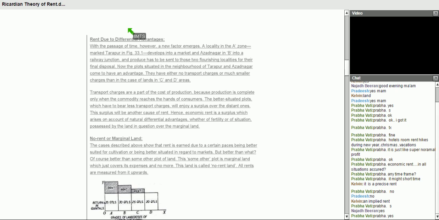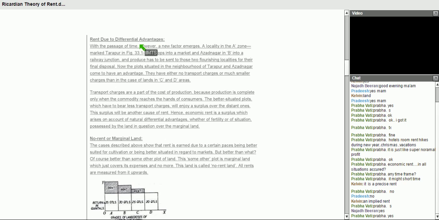So that 110 into 5 extra units, that is 550, was the rent. And in case of intensive cultivation, the rent is the difference of production between the two pieces of land, or the same piece of land due to different doses of labor.